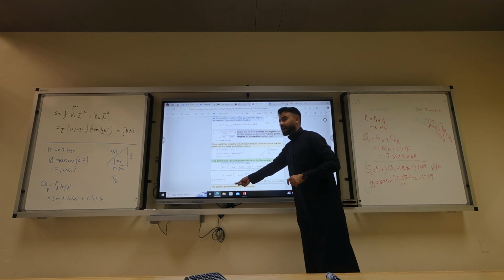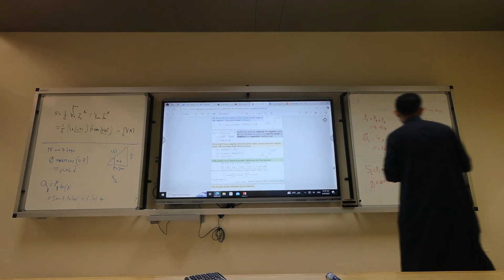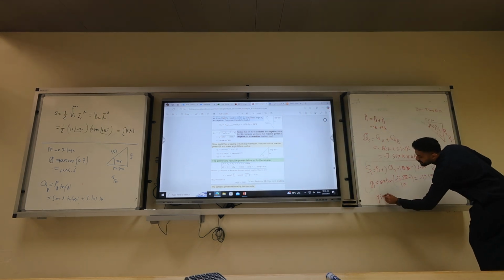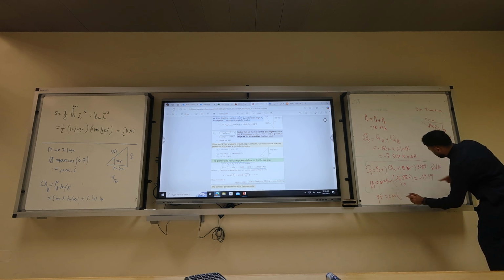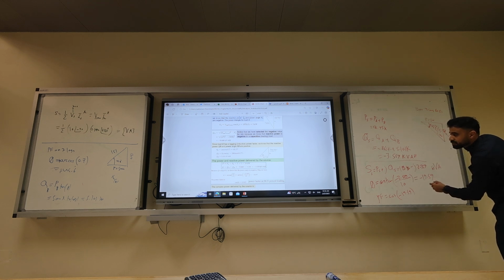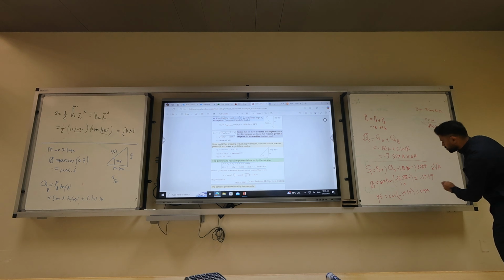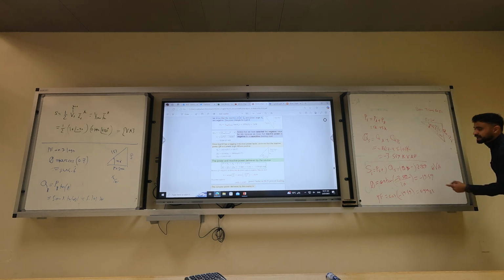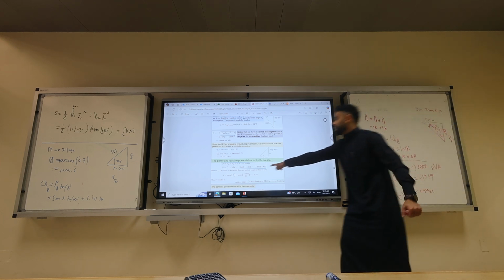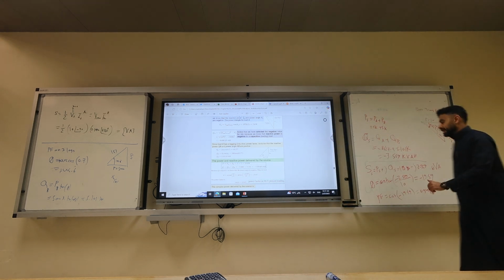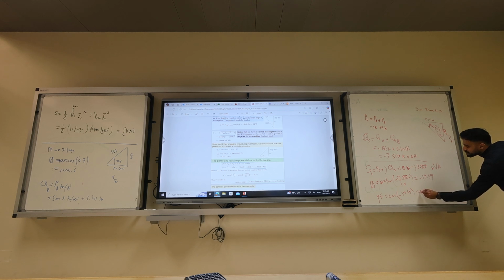So what's the power factor? The power factor PF is cosine of the angle minus 19.59, which is 0.9421. Is it positive or negative? The angle is negative, so it is leading.